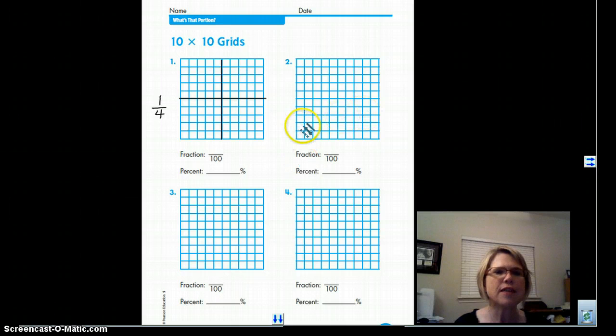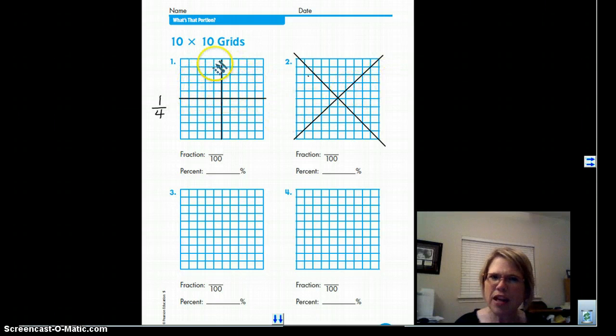What I want you to see is if you agree that I can cut it vertically and horizontally. Some of you might say, well, this is a square, so could I cut it on its diagonals and still get the same amount? It's kind of hard to see, isn't it? But what do you think it is over here?